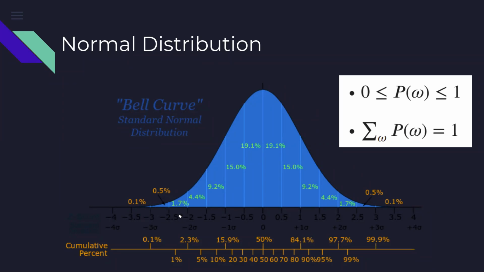This shape represents the frequency of the data that we have, the value of which is depicted on the x-axis. So what it means is that in this data set, the highest number of occurrences is of the value 0.